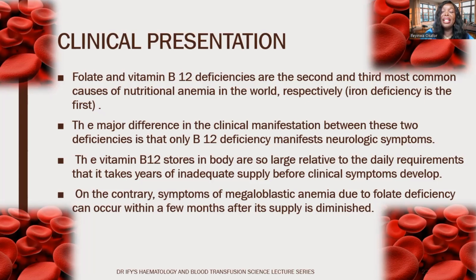The major difference in clinical manifestation between megaloblastic anemia due to B12 deficiency and megaloblastic anemia due to folate deficiency is that most times megaloblastic anemia due to B12 deficiency, in addition to other symptoms present, also manifests neurologic symptoms.